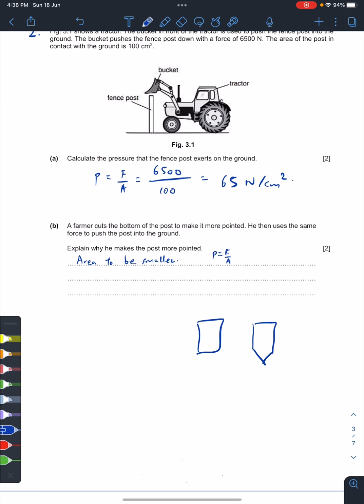If your A is lower, with the same force but a smaller area because it's pointed, this results in higher pressure. That means it's easier to push the post into the ground.